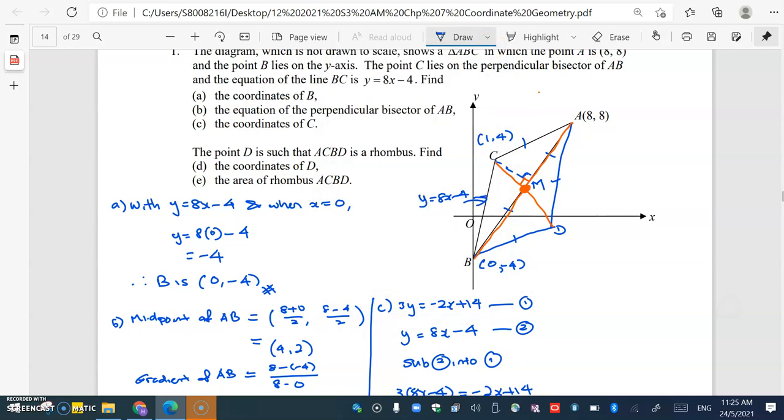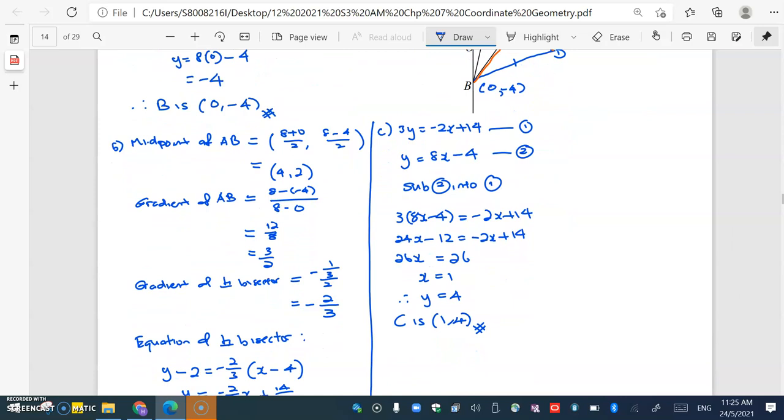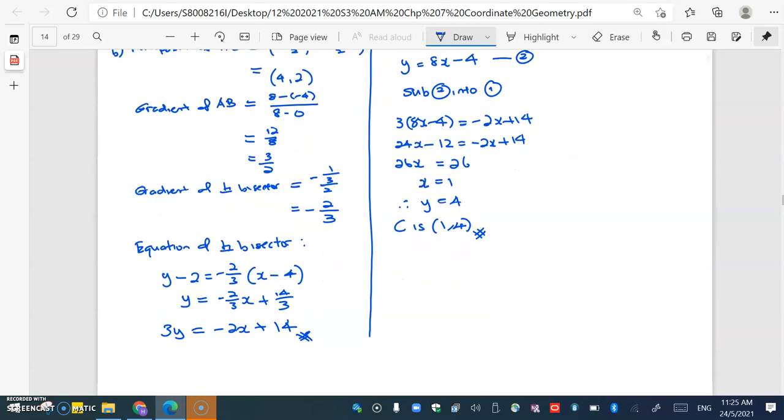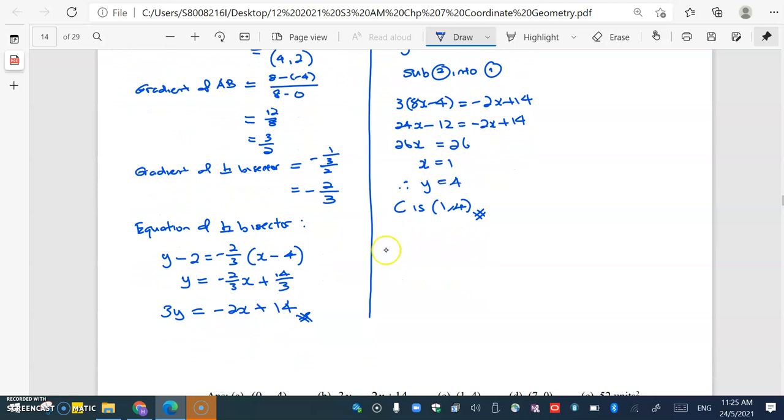All right, since we know the 2 points already, the midpoint of AB equals the midpoint of CD. So I know this is part D, midpoint of AB is equal to midpoint of CD.